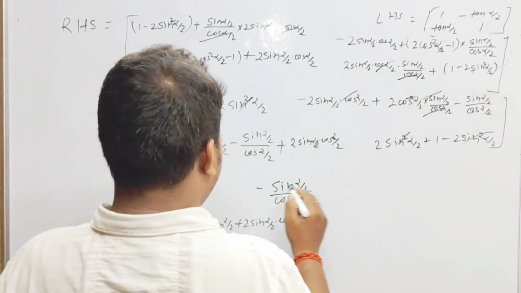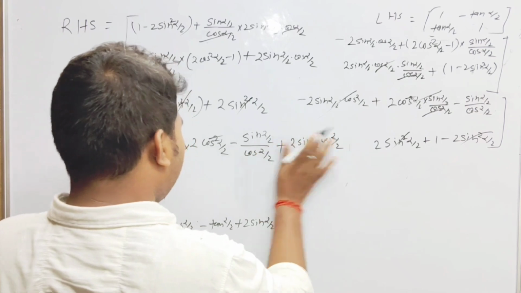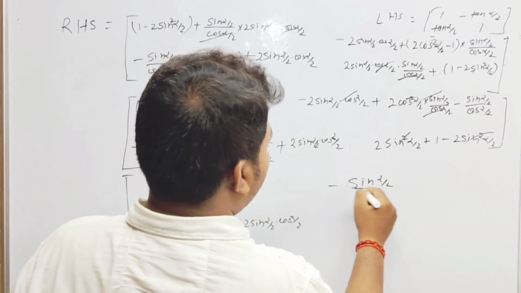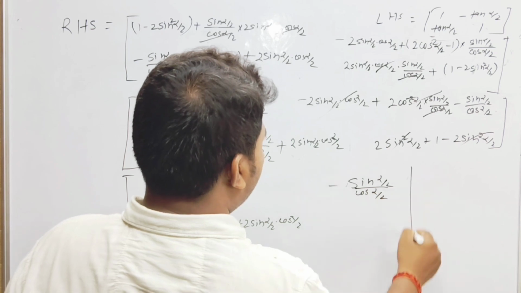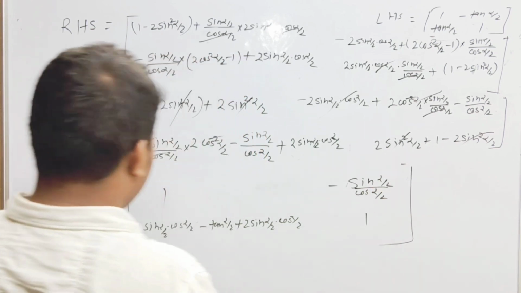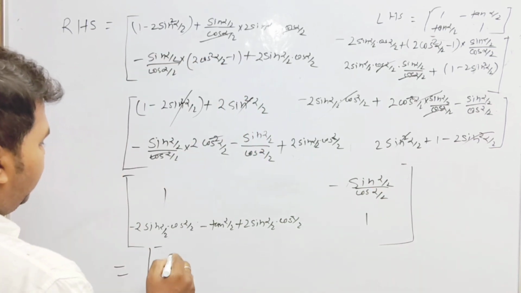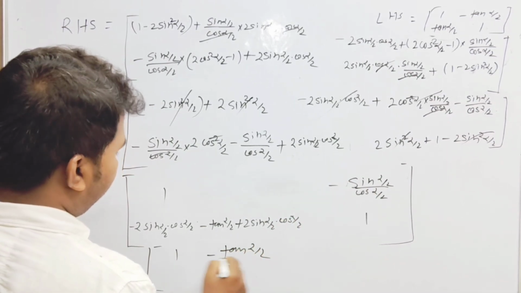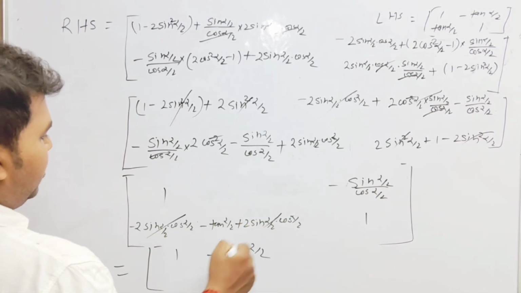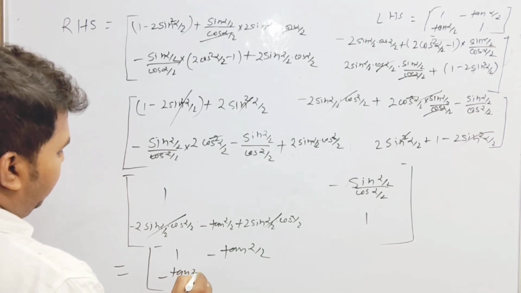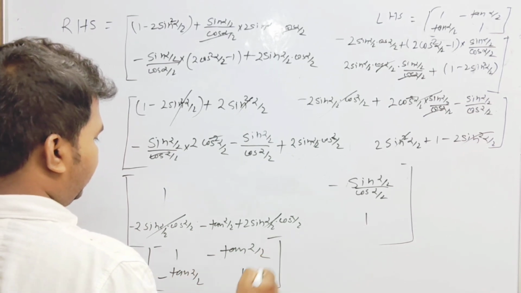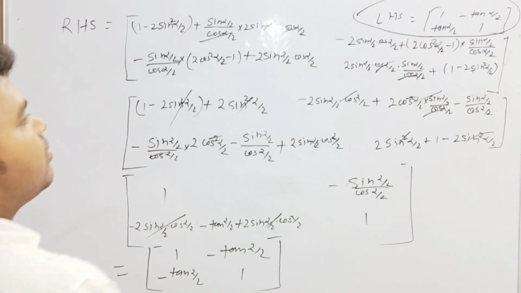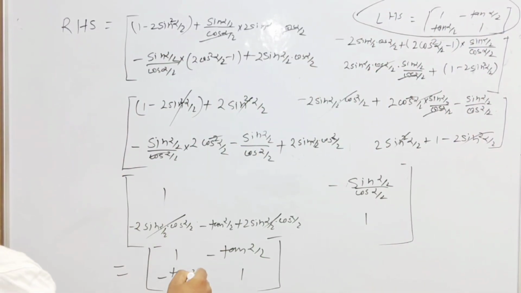Okay, then we can write sin alpha by 2 by cos alpha by 2, and these places we can write 1, and after then we have to solve, then this one we can write minus tan alpha by 2, and this term is cut, then minus tan alpha by 2 and 1. That means we have obtained the result, LHS is this.